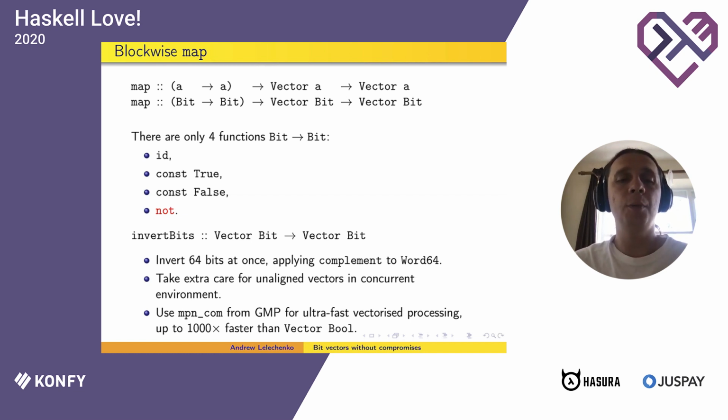And it appears that GMP actually provides an mpn_com routine, which is very fast because it's backed by some assembly code, which inverts like 512 bits in one instruction, and on some machines even more. So it gives us a very nice speed up if the GMP library is available.